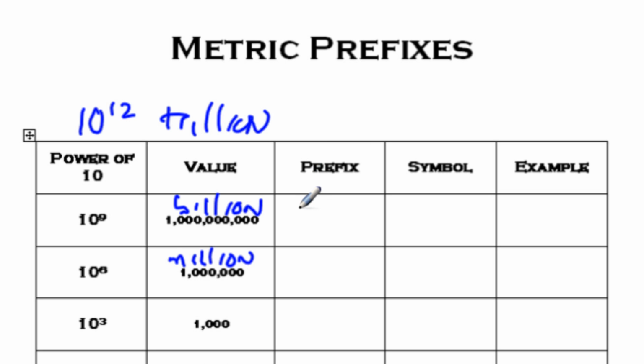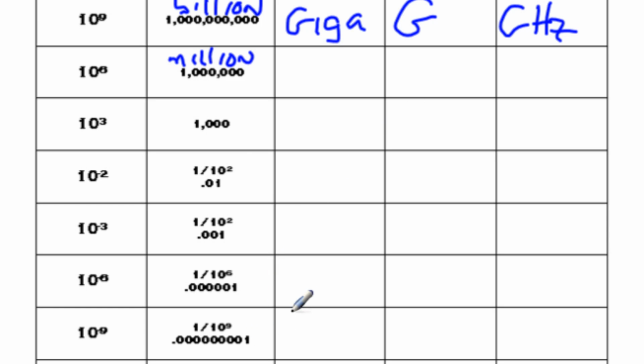So, the prefix for billion is giga, and the symbol for that is a capital G, and computer speeds are in the order of gigahertz. So 10 to the minus ninth, which is a billionth, is going to be nano, N-A-N-O, and the symbol for that is a little n.